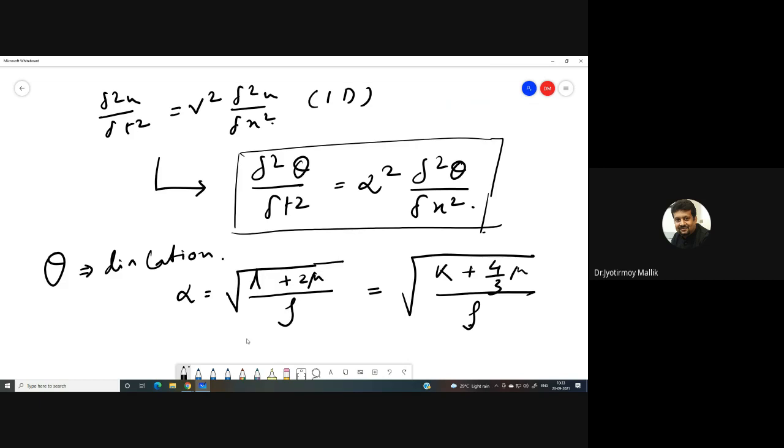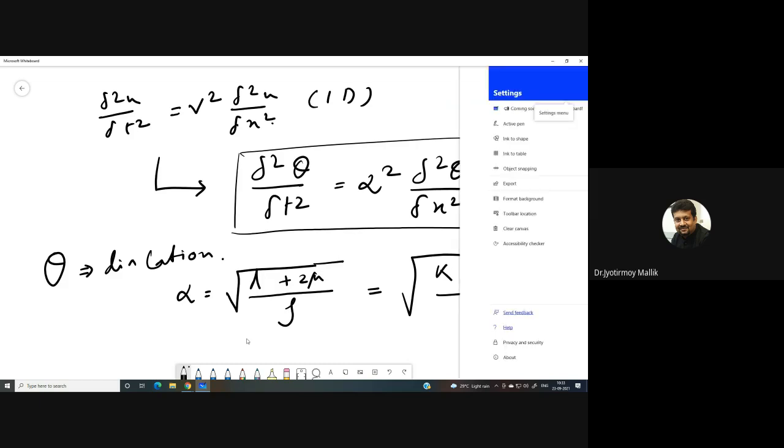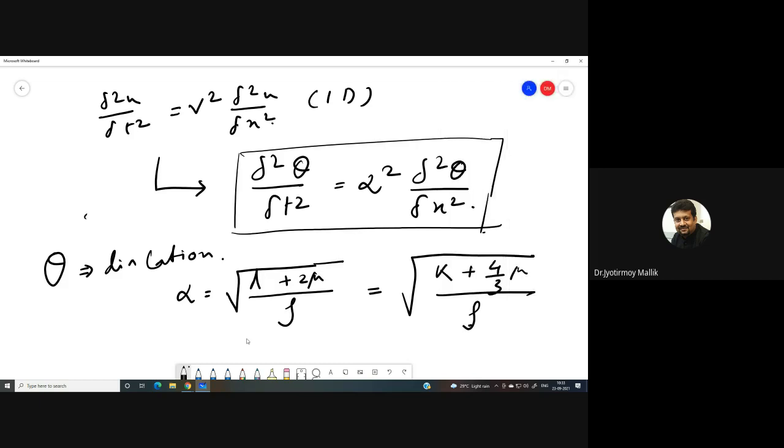This is the velocity equation for P wave propagation in 3 dimensions. This is the general equation.